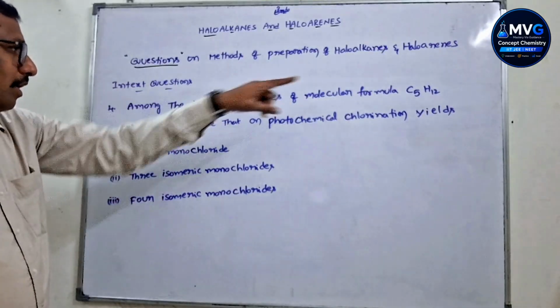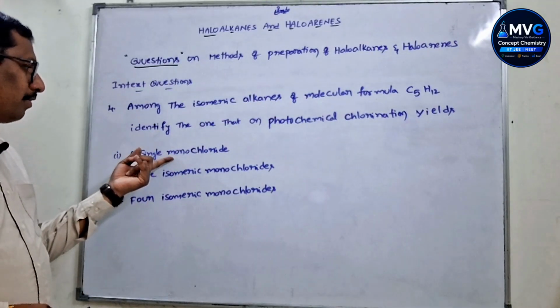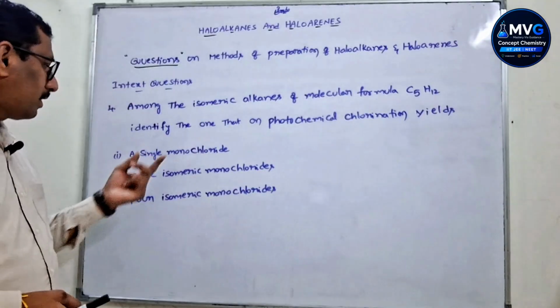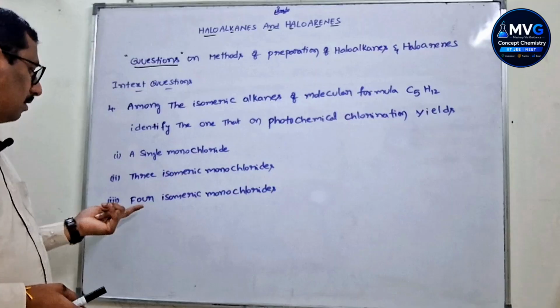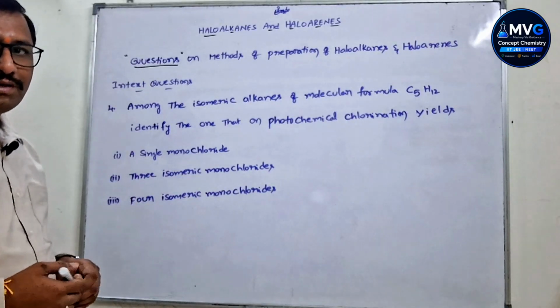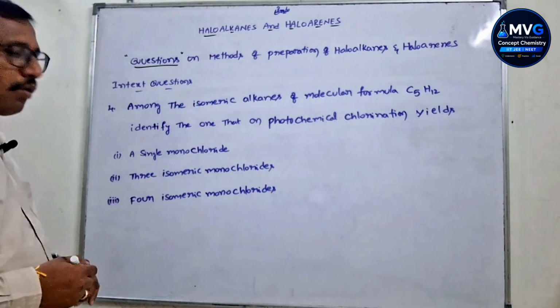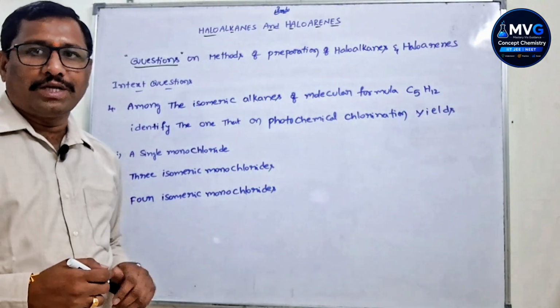One compound should give only a single monochloride, another compound 3 isomeric monochlorides, and one compound 4 isomeric monochloride derivatives. Monochlorination means only one halogen atom replacing one hydrogen, students.